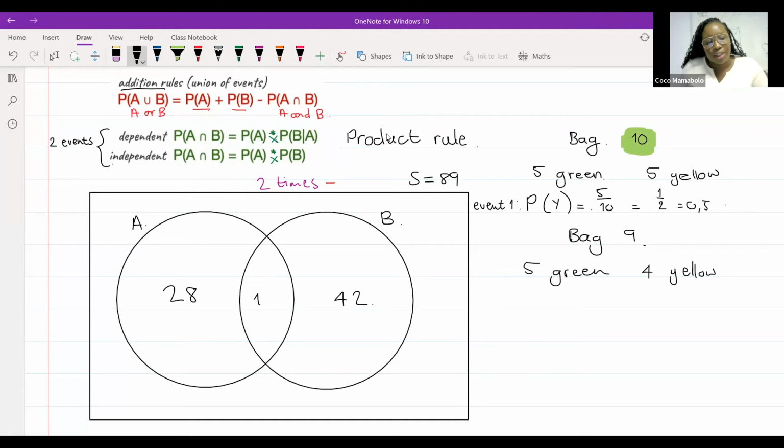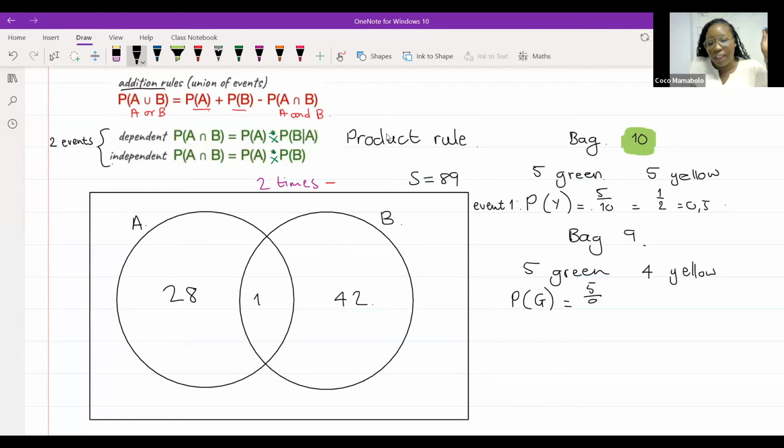So my question is, which probability is going to be higher in the next example, the green sweet or the yellow sweet? Correct, the green. So what is the probability of me choosing a green sweet now?